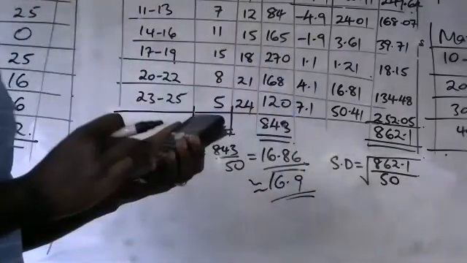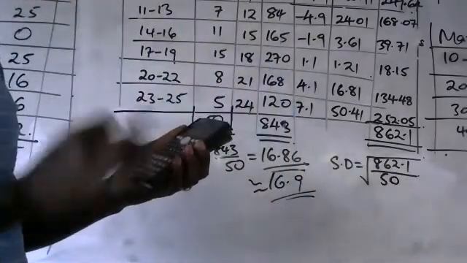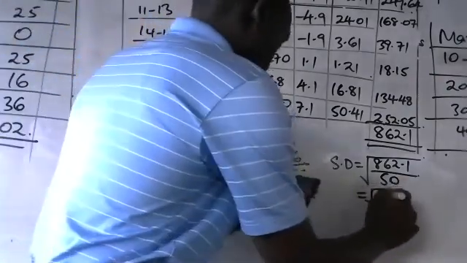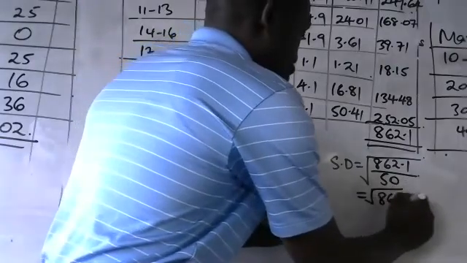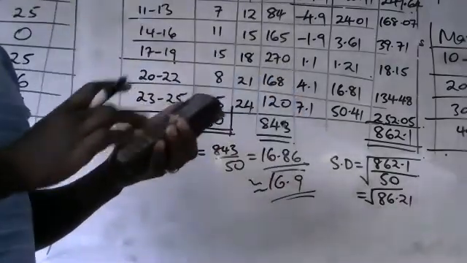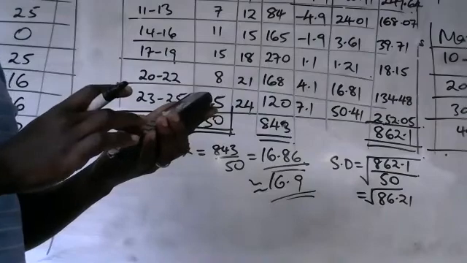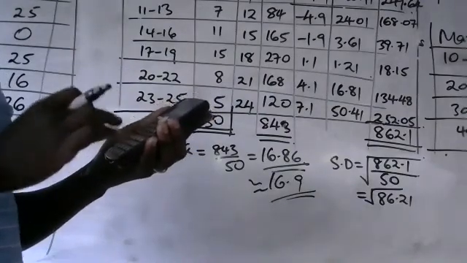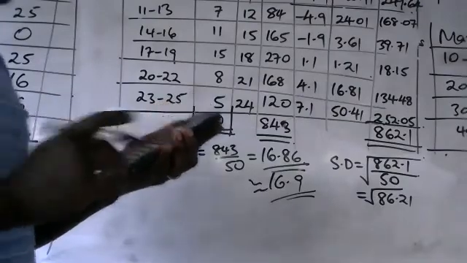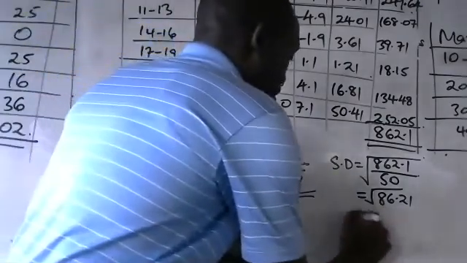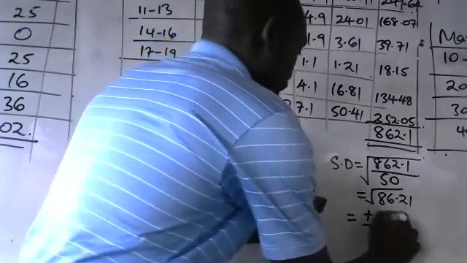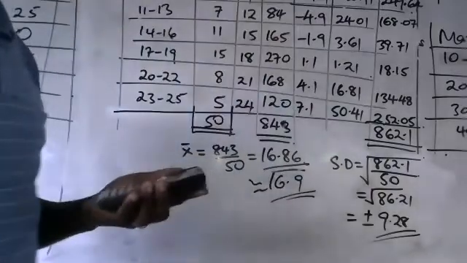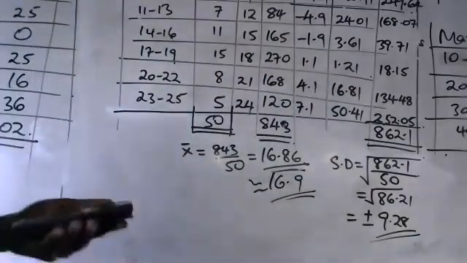So this answer that I have on the calculator divided by 50, I get it is going to be the square root of 86.21. So I do root 86.21. It comes to plus or minus 9.28 or 9.3. And that is your answer. You rest your case there.